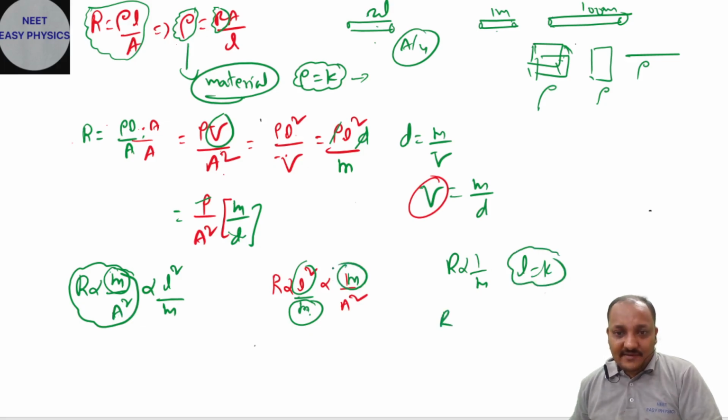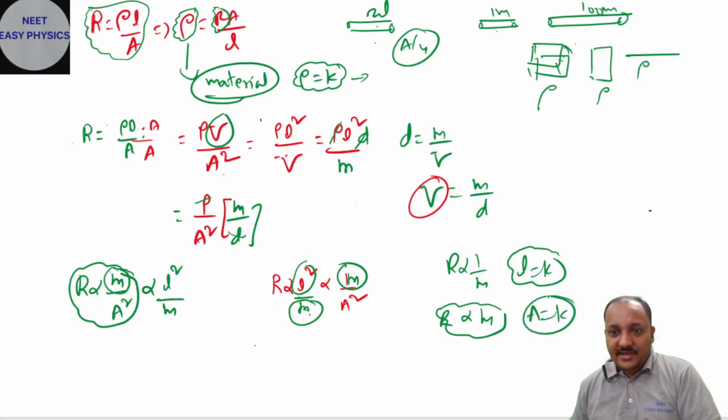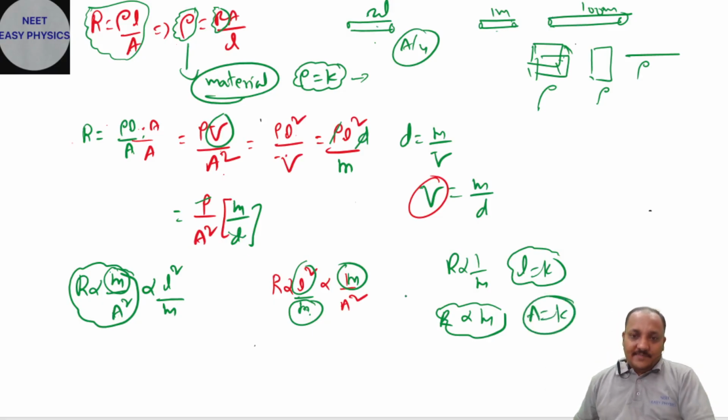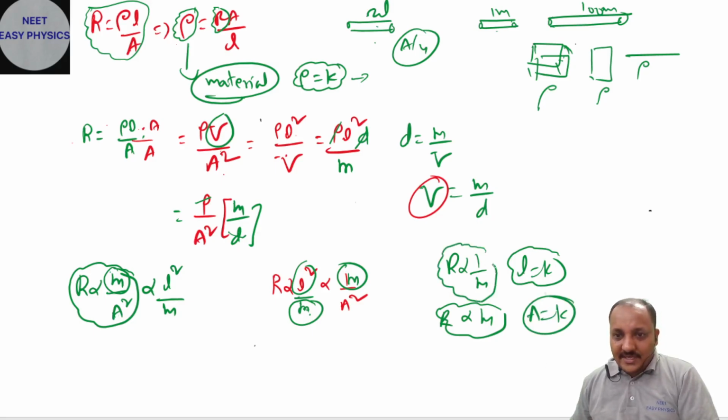If the mass of the wire is doubled by keeping area constant, R is directly proportional to M if area is constant. They will mention this in the question. By keeping length constant, mass double means resistance is going to be half, isn't it? By keeping area constant, mass of the wire double means resistance also doubles. So in this case it is directly proportional, and in this case it is inversely proportional.